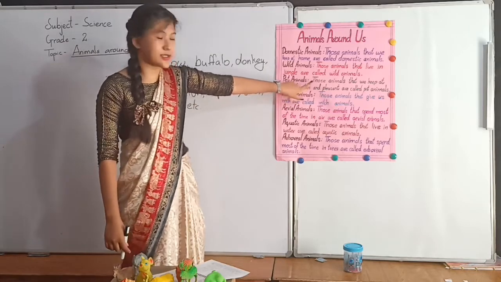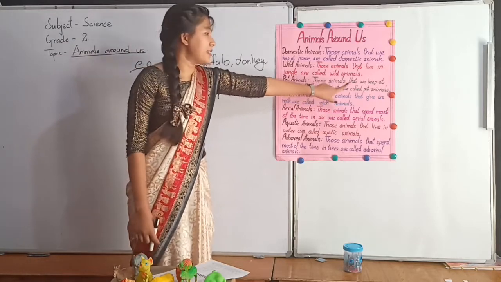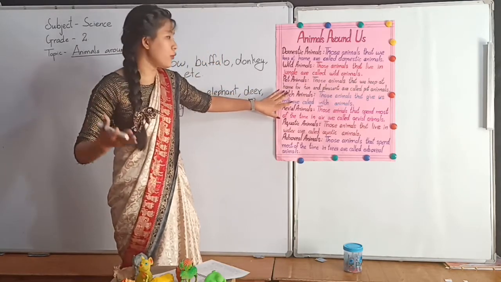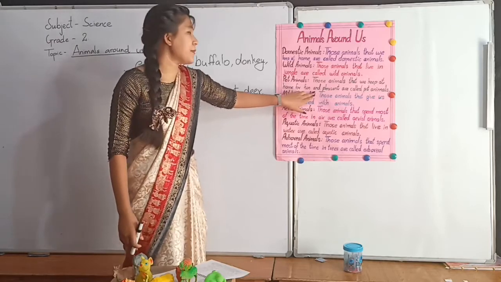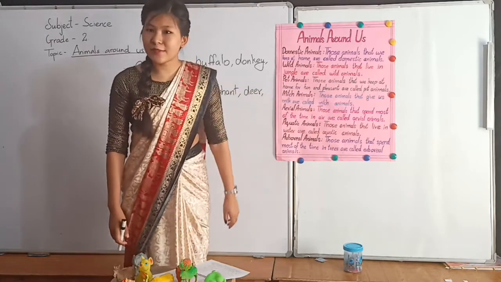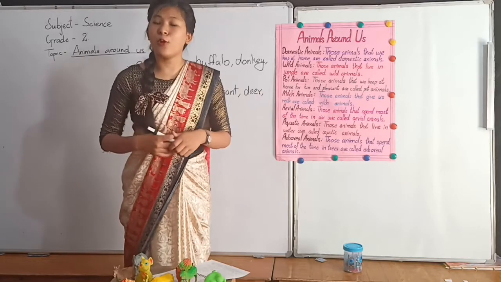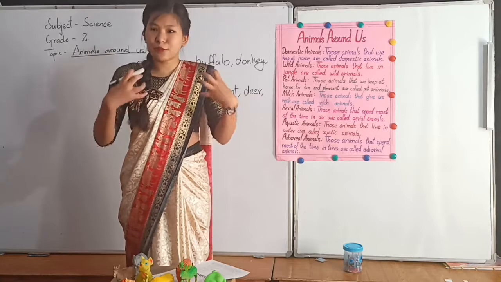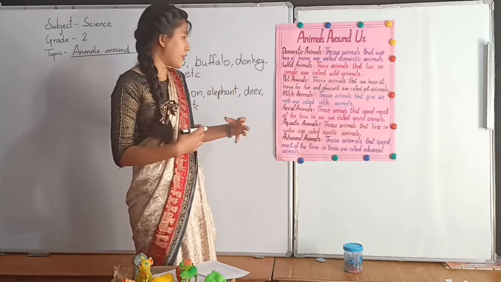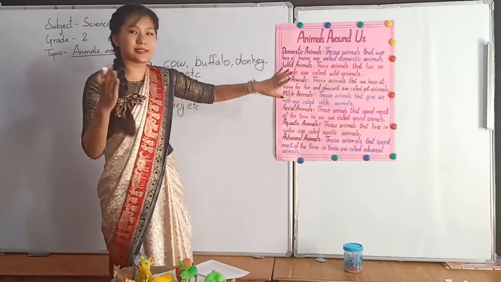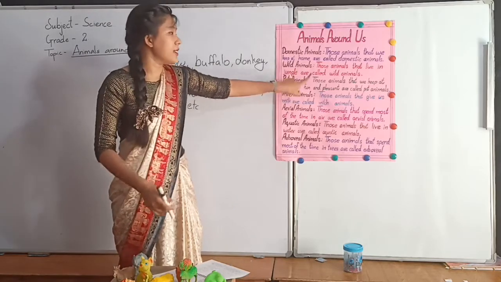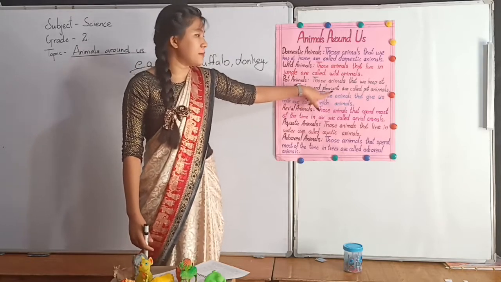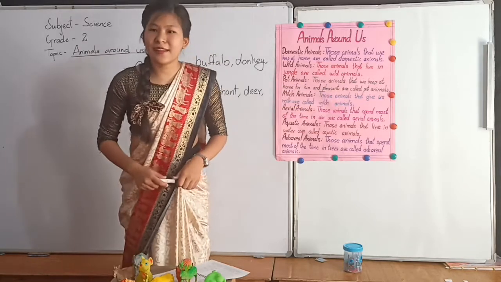Those animals that we keep at home for fun and pleasure are called pet animals. We keep pets at home for what? For fun, for pleasure. Very good. So let's read the definition once again. Those animals that we keep at home for fun and pleasure are called pet animals.